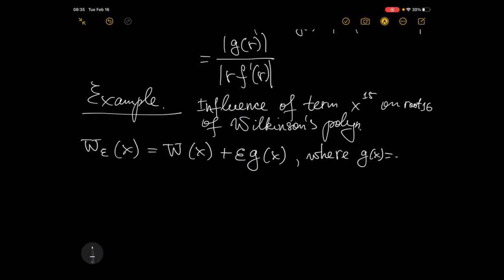So it's 1,672,280,820 x to the power 15. But where does the epsilon come from? When we are performing computation, you can say that it's perturbed due to finite precision.